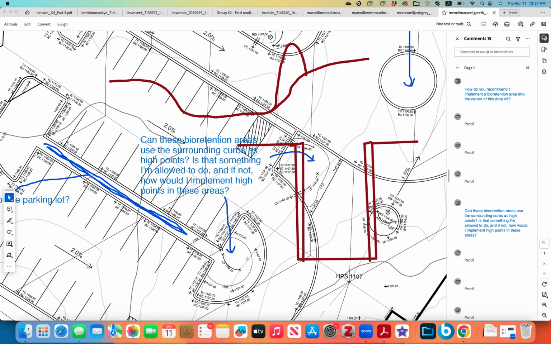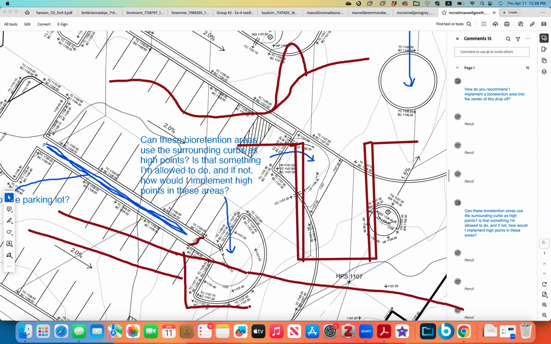The only thing you need to determine is whether you need high points between these contours and your retention. It could be because we're sloping down, right? We're sloping down and we have retention areas in the middle like that. But then this slope keeps going down in this direction, right? We might need a high point in between here, not in between my curb and my retention, right?